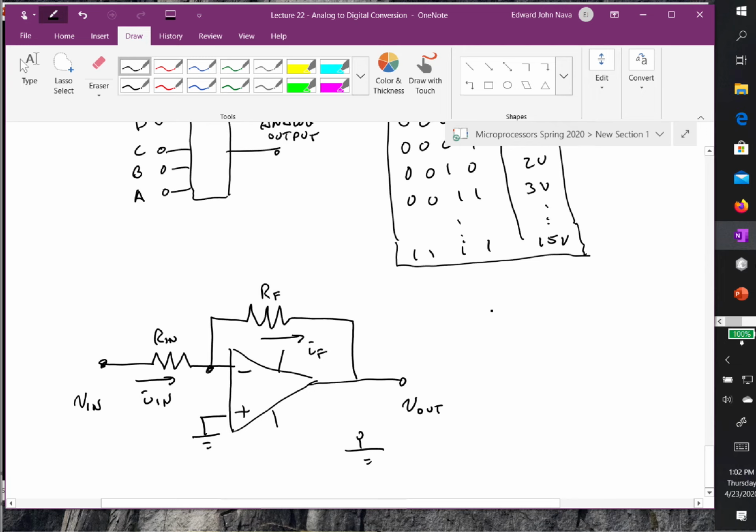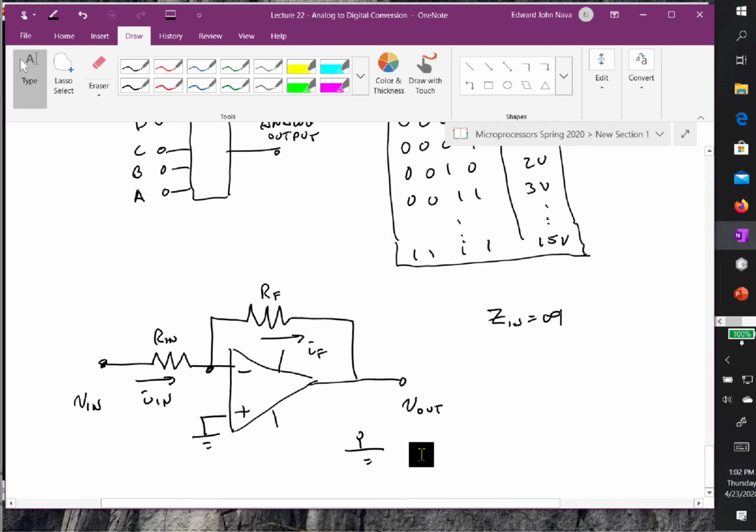So we know that Zn is equal to infinity, and we have a virtual short. So if I have ground at this terminal, this is also considered ground, but no current flows into the op-amp. So I know the current that flows into a node has to equal the current that flows out by Kirchhoff's current law.